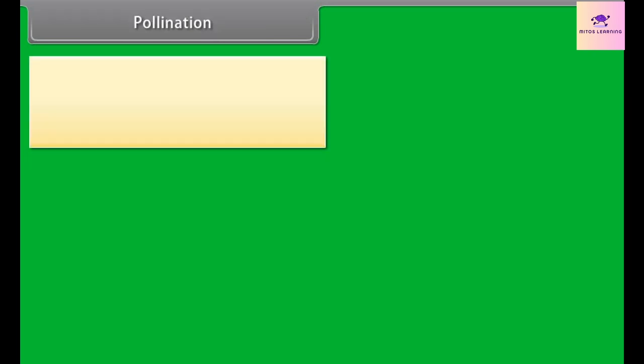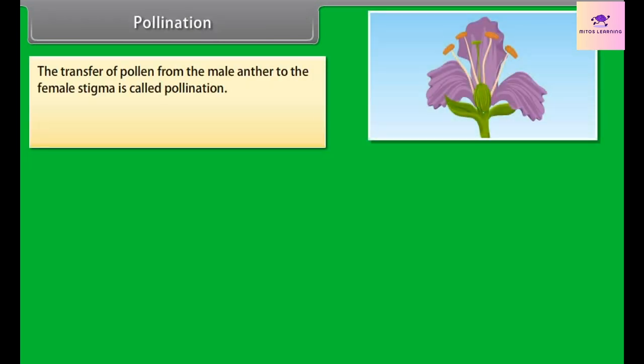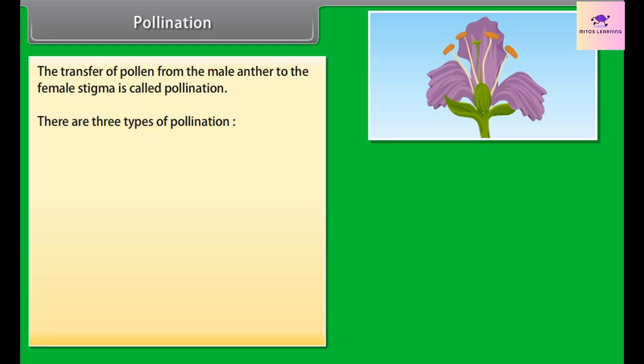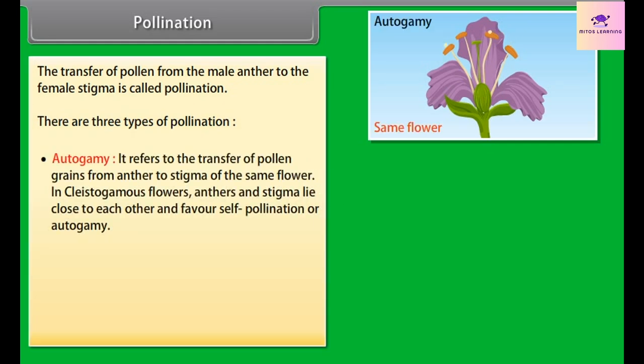Pollination. The transfer of pollen from the male anther to the female stigma is called pollination. There are 3 types of pollination. Autogamy refers to the transfer of pollen grains from anther to stigma of the same flower. In cleistogamous flowers, anthers and stigma lie close to each other and favor self-pollination or autogamy.